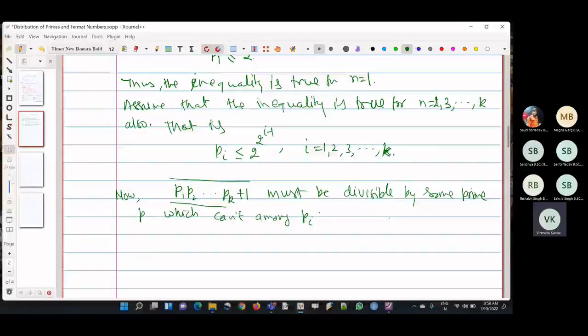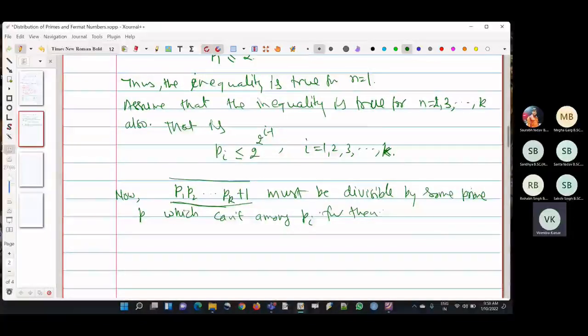So any prime p which divides this product plus 1 cannot be among these. If it happens, it also divides what? 1, which is not correct.